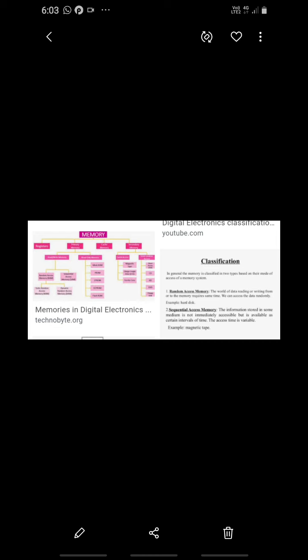Direct access memory. Some memory devices such as a magnetic disk or drums contain a large number of independent rotating tracks.